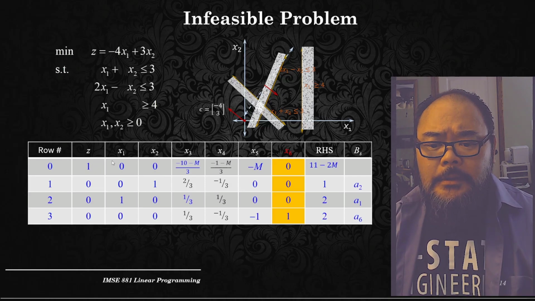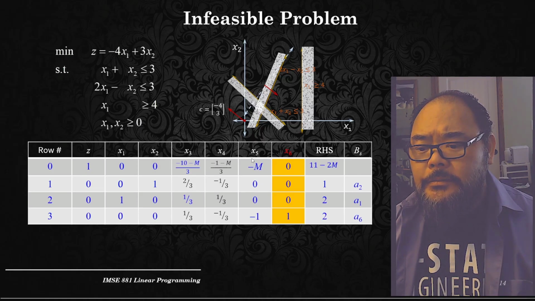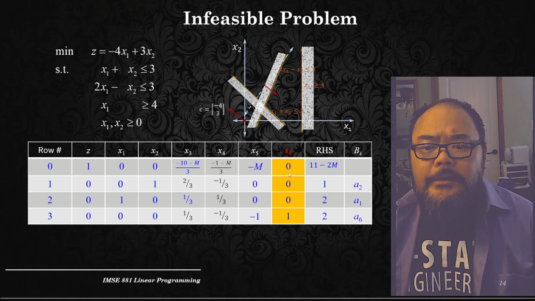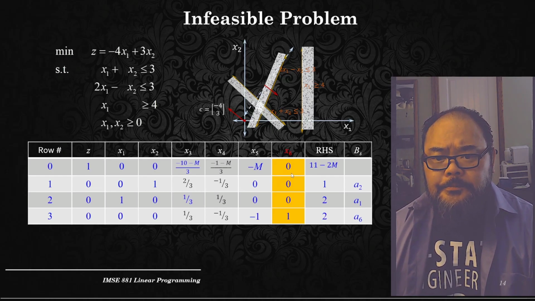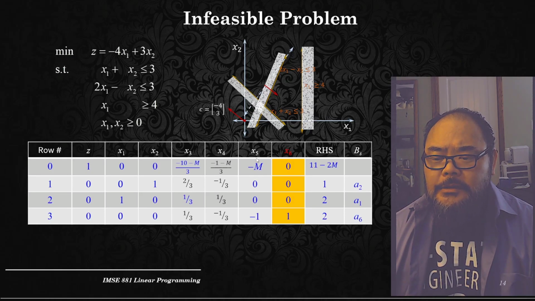So x1 and x2, x3, x4 and x5 are added to the system. And x6 is the artificial variable. Since the last constraint is a greater than or equal to constraint, we add a surplus variable x5 and also an artificial variable x6.